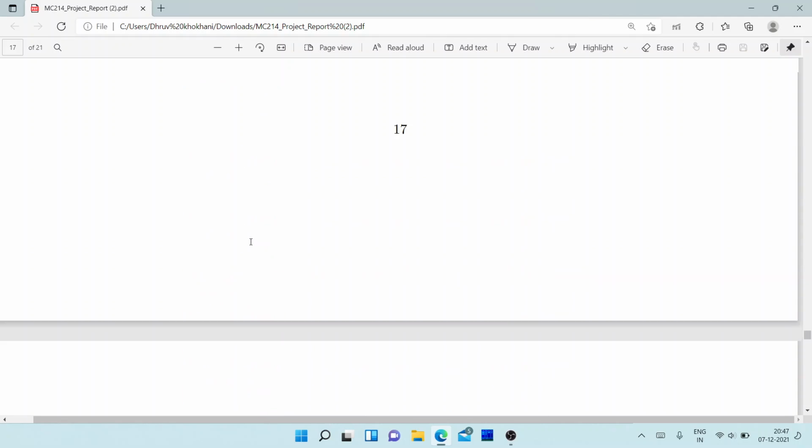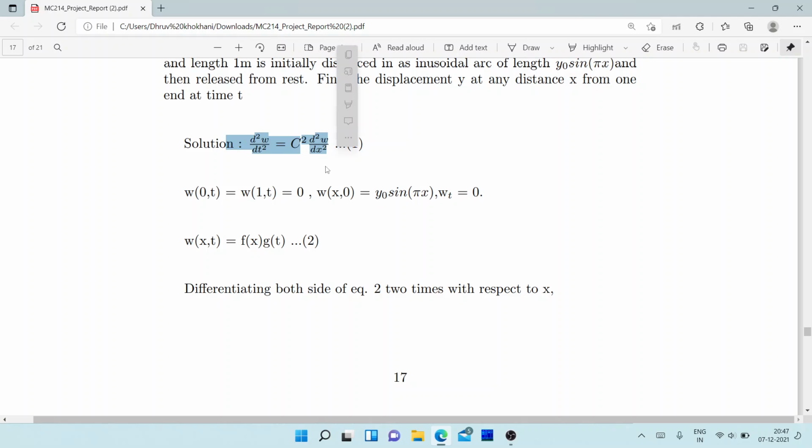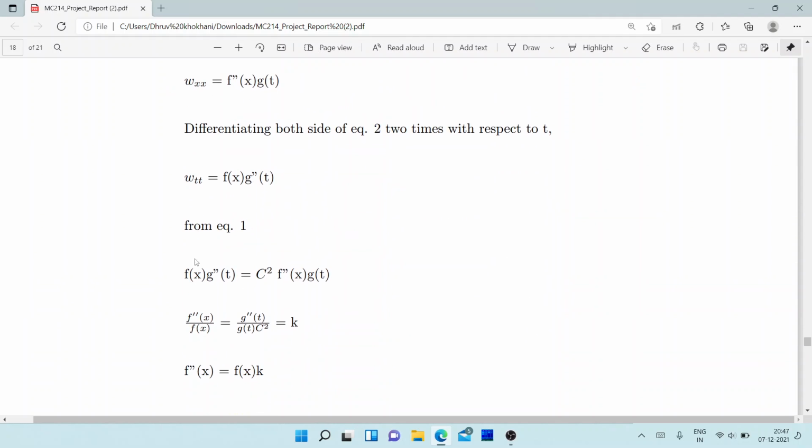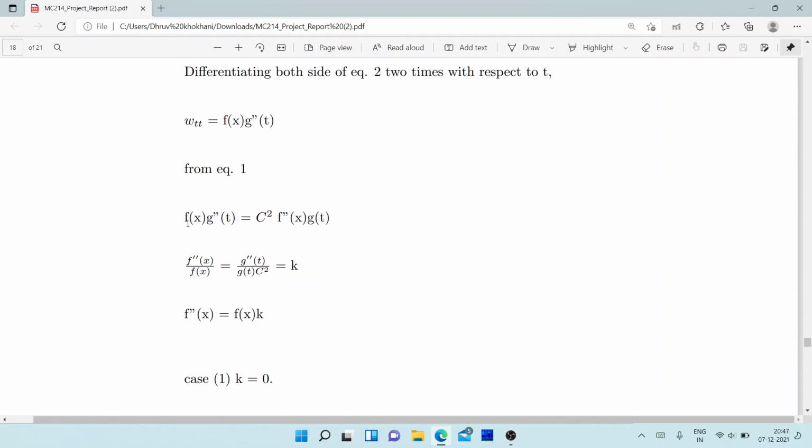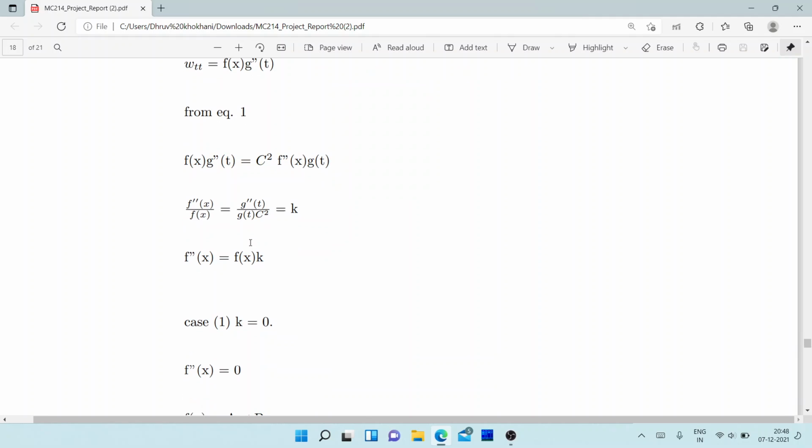We put these values in equation 1, and we get this equation. And here f is a function of x and g is a function of t. So f double dash of x over f of x is a constant, and g double dash of t over g of t is also constant.